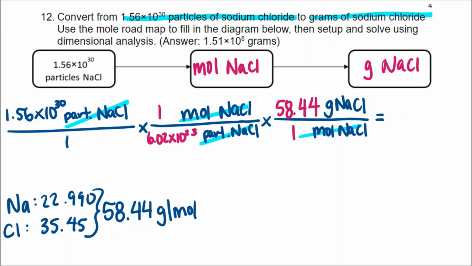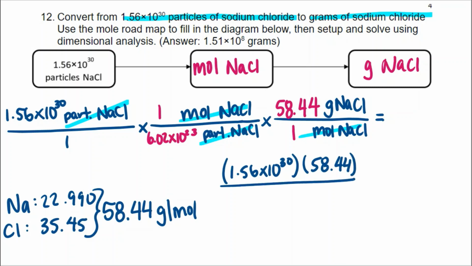So to solve this, I'm going to multiply everything on top together, multiply everything on bottom together, and then divide. So I'm going to need to do 1.56 times 10 to the 30 times 58.44, and then divide this by 6.02 times 10 to the 23rd.